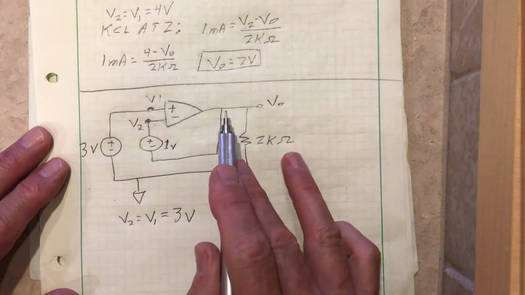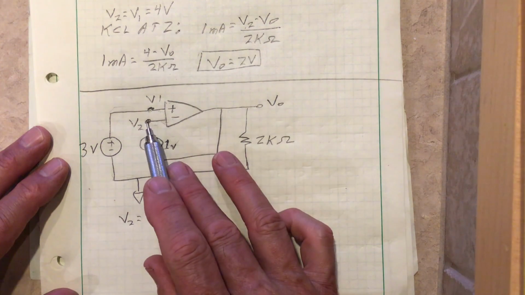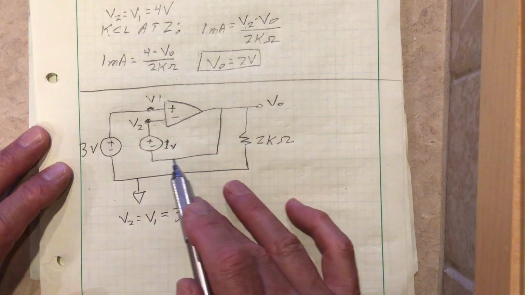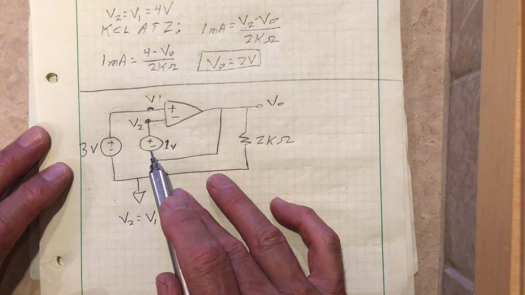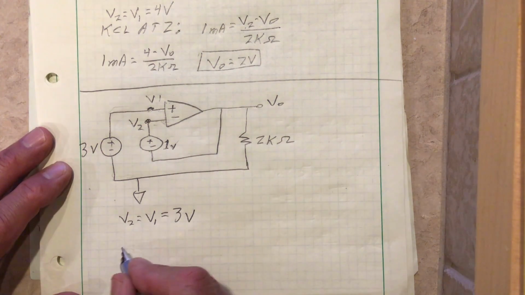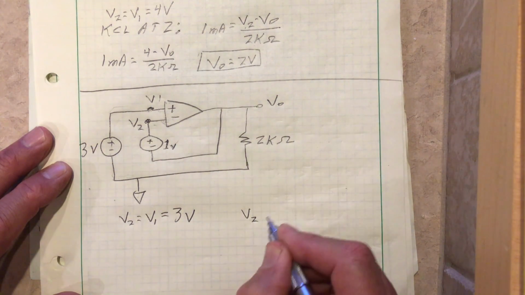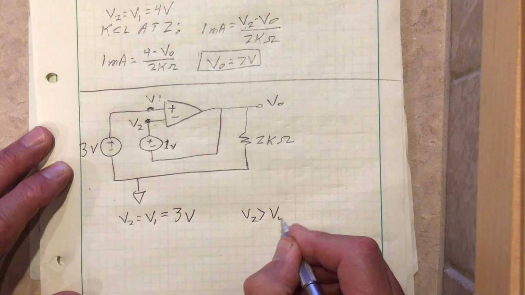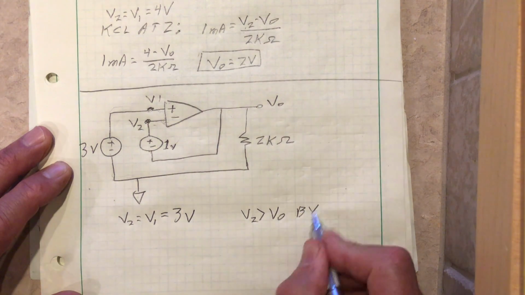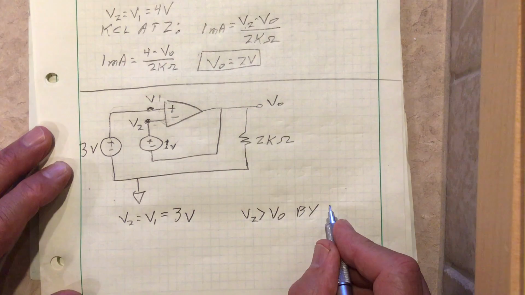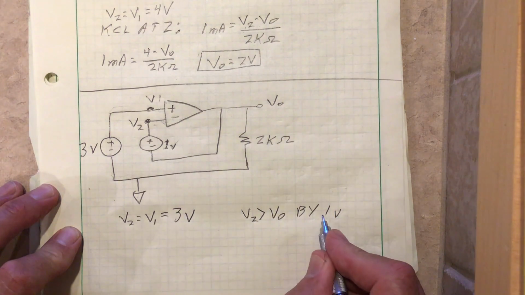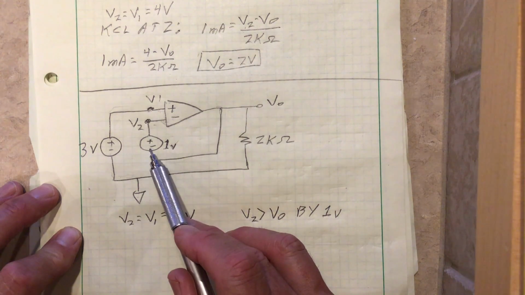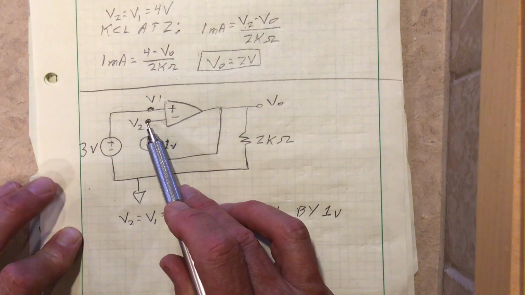All right. Now we just need to figure out what V out is relative to the 3 volts I have right there. Well, notice I have some voltage at V out, and it gets bigger before it gets to V2. So V2 is bigger than V out by how much? 1 volt. Right, everybody see that? Whatever voltage I have right here, it gets increased here by 1 volt to get V2.